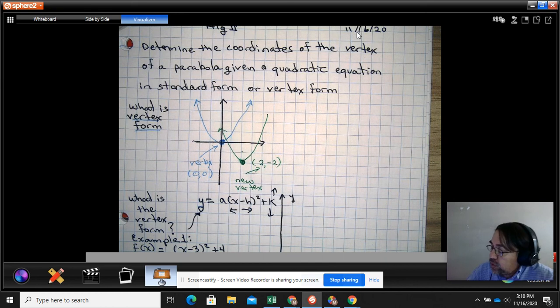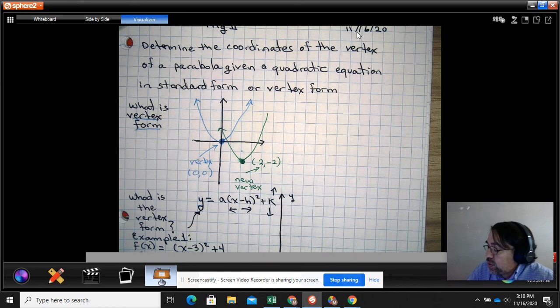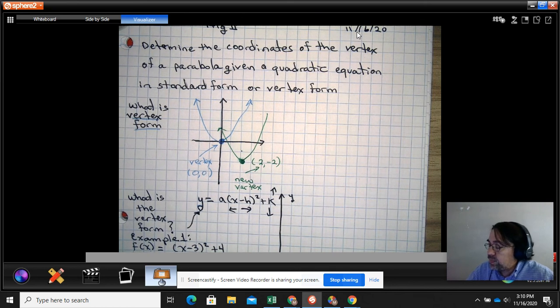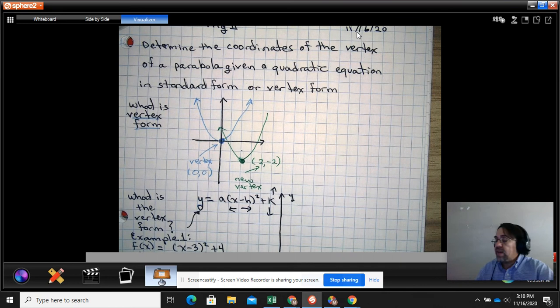Well, the easiest thing to do is to ask myself if it's already in the vertex form. If it is in the vertex form, it has a minus here, and it has a plus there.